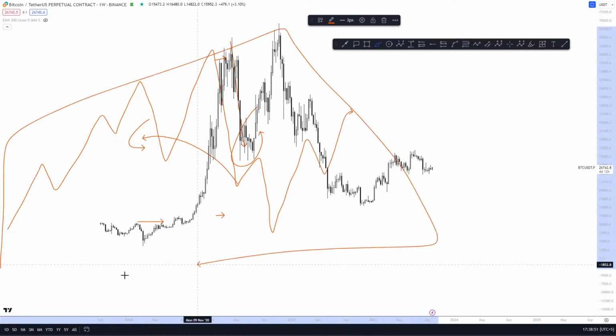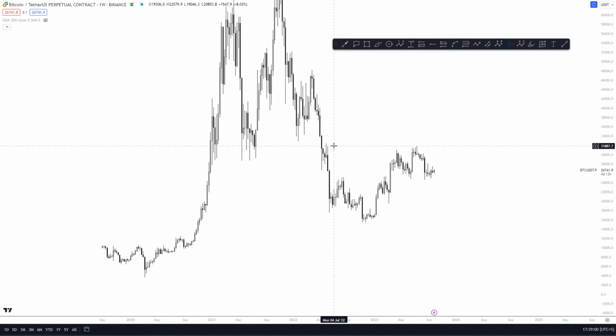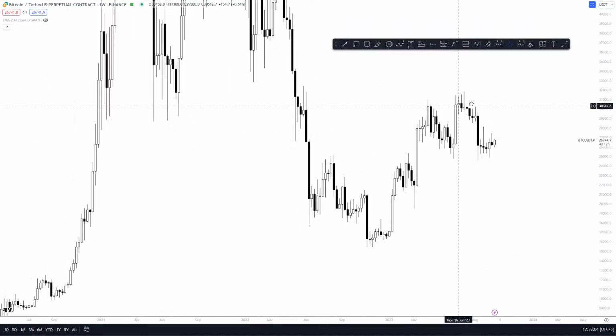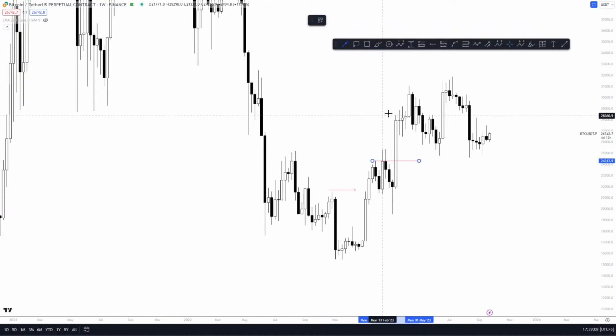This is nothing more than the model I just taught you. So Bitcoin is in a kind of reaccumulation model, and we have a bullish trend now. Structure has shifted bullish once, twice, and now price is in between this range.